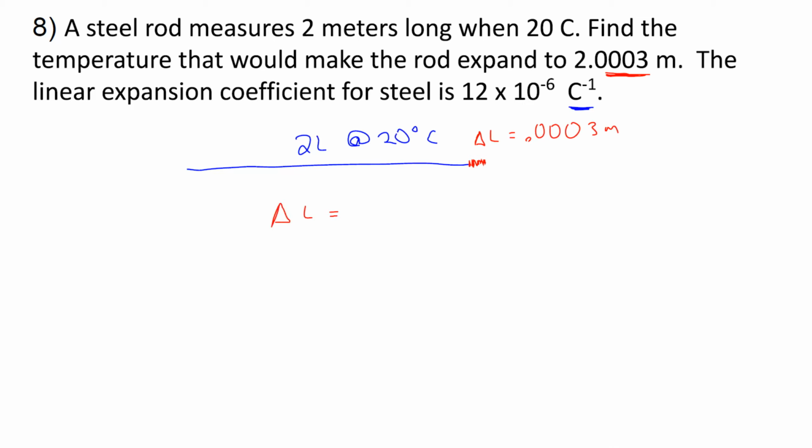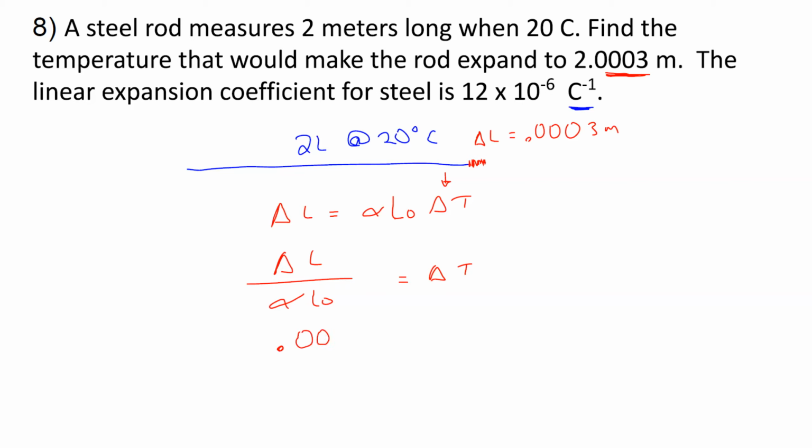Delta L equals alpha L naught delta T, and all we got to do is solve this thing for delta T right there. So I'd have delta L over alpha L naught equals delta T, and probably the easiest thing is just go ahead and solve for that, and then you could add that to the 20 degrees.